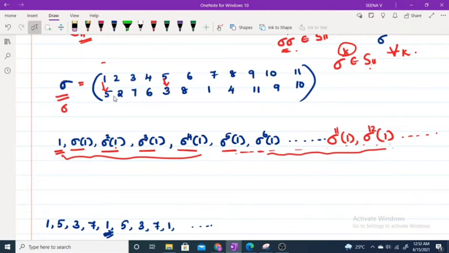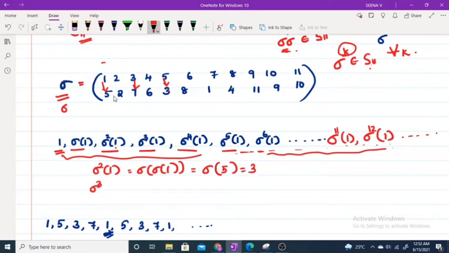That means 1 goes to 5, 5 goes to 3 and 3 goes to 7. Sigma cubed of 1 is sigma of sigma squared(1); sigma squared(1) is 3 and sigma(3) is 7. And again apply, and we will get like this.